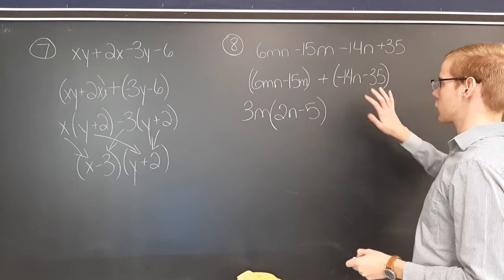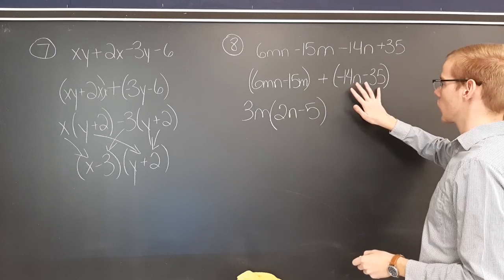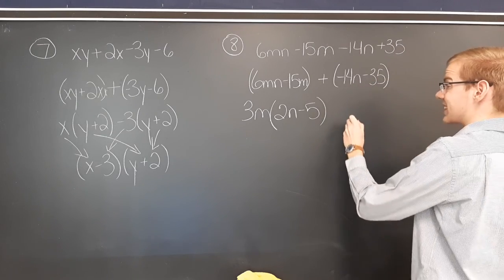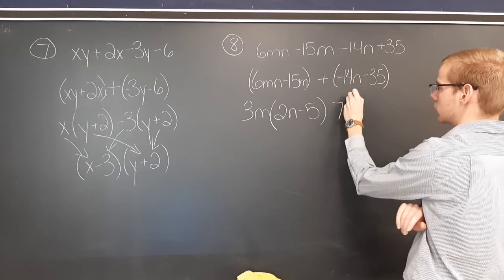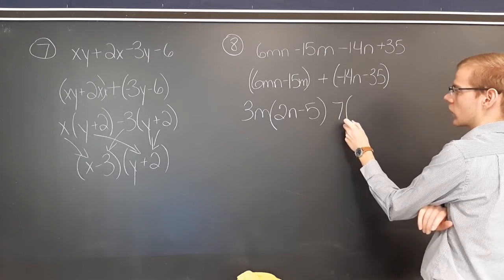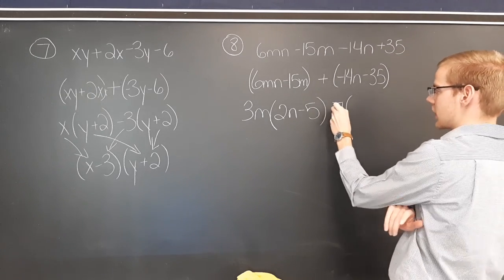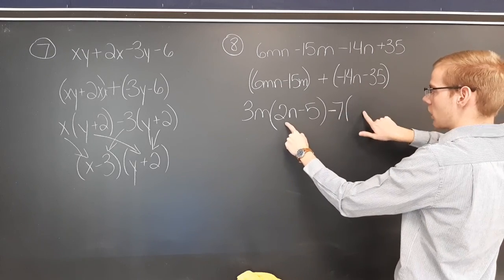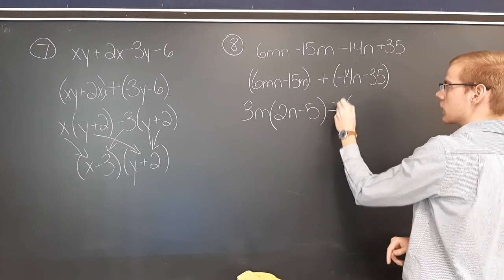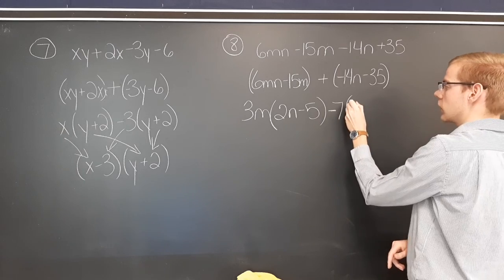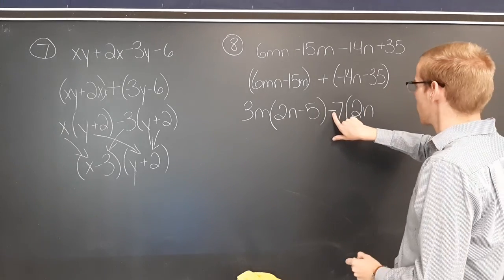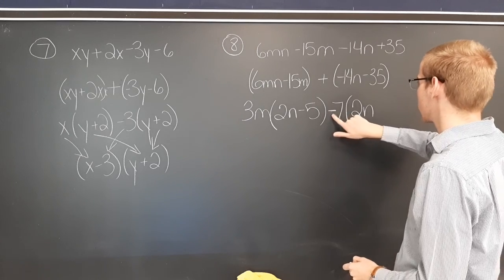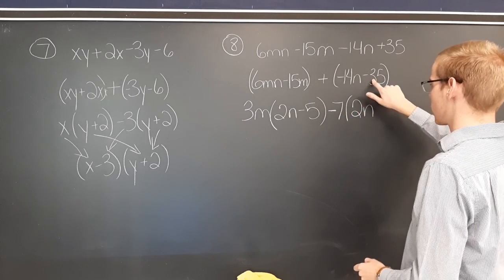Now let's do this. What's the greatest common factor in here? What goes into both of these? 7. Let's do a negative 7. That way we can make this into a positive 2. Negative 7 times what equals negative 14? 2n. Negative 7 multiplied by what equals negative 35?